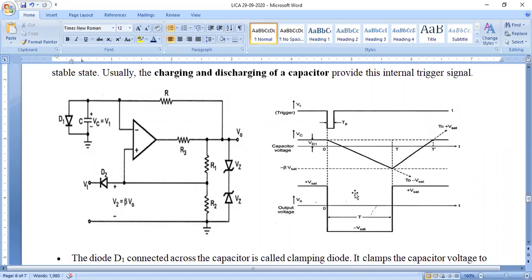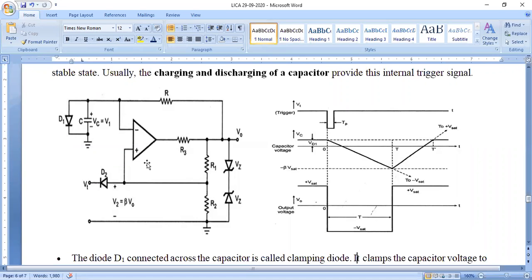That means we analyze the output voltage with the help of this negative short, the triggering pulse applied at the terminals of VT, which has a magnitude of V2. The diode with capacitor will limit the voltage up to 0.7 volts. We know that, and the remaining operation is similar to astable multivibrator operation.